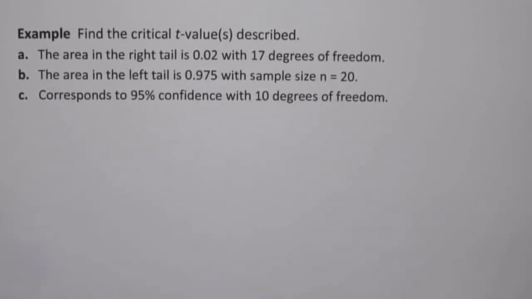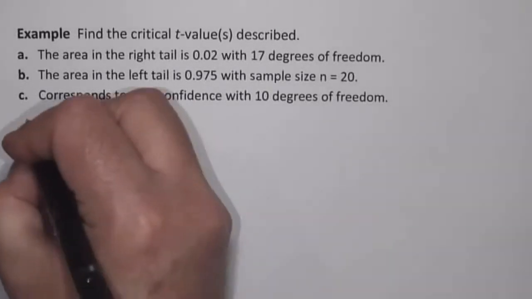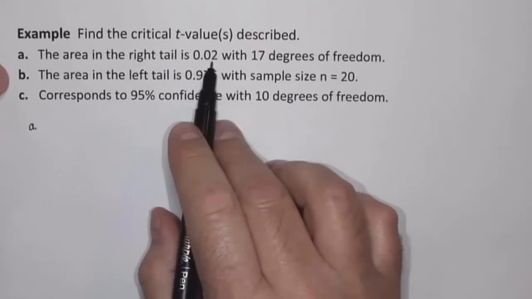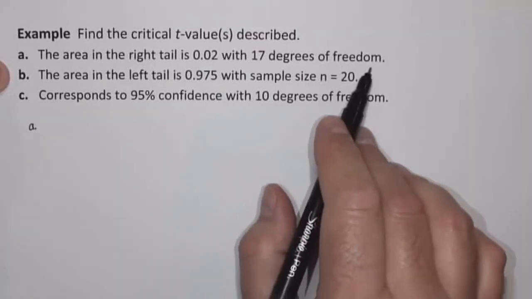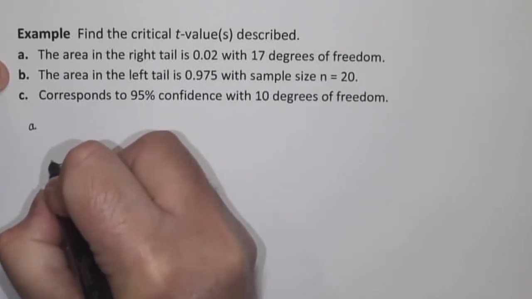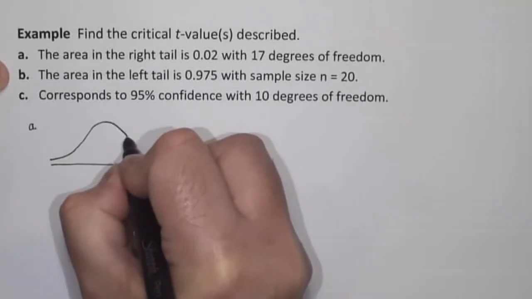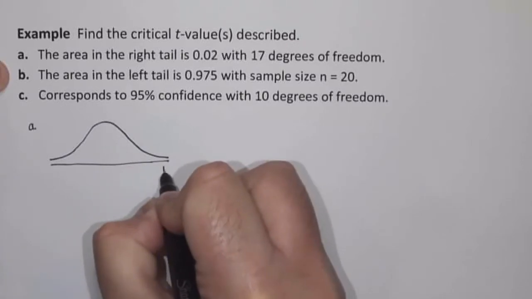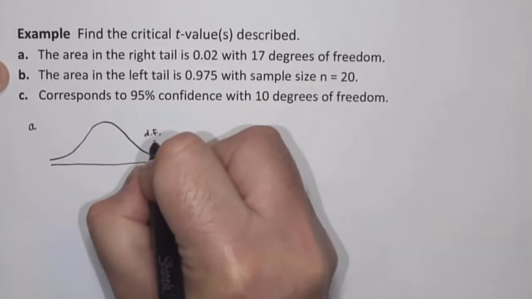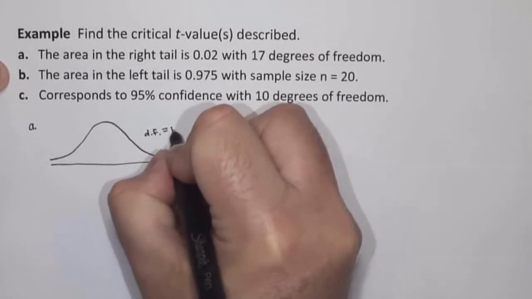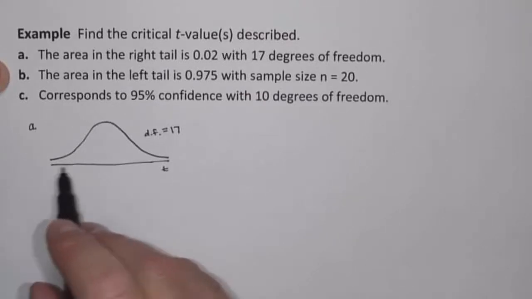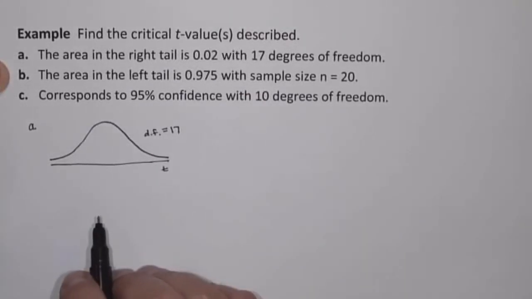Well, if we take a look at part A, the area in the right tail is 0.02 and we have 17 degrees of freedom. Picture-wise, I have this student's t-distribution, and again, we know that the degrees of freedom, which I'm going to abbreviate df, is 17. So the specific shape of this t-distribution is the one that has 17 degrees of freedom.